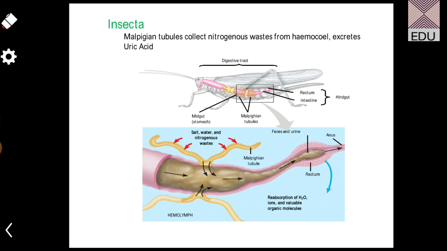So ultimately these products will be going out through the anus. This is the mechanism of excretion in insects. For osmoregulation, they are collecting from the hemolymph.